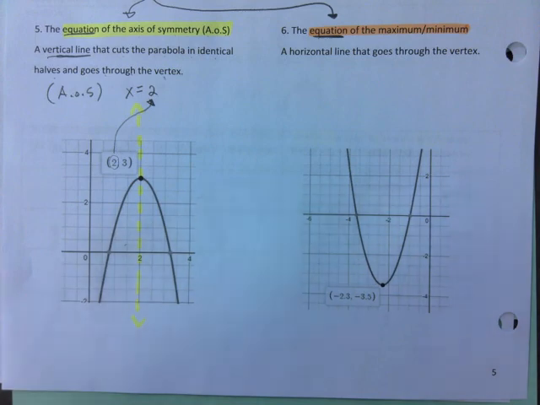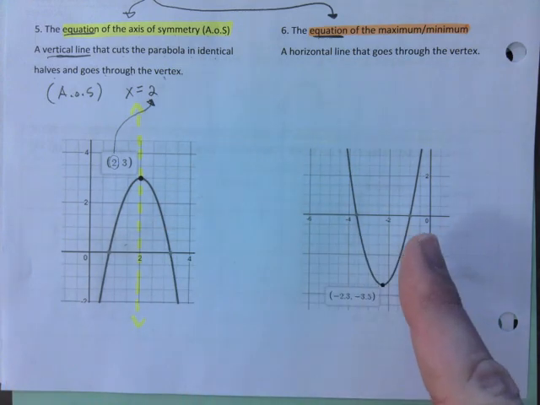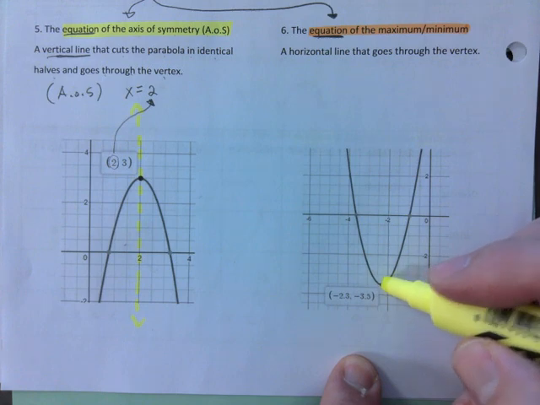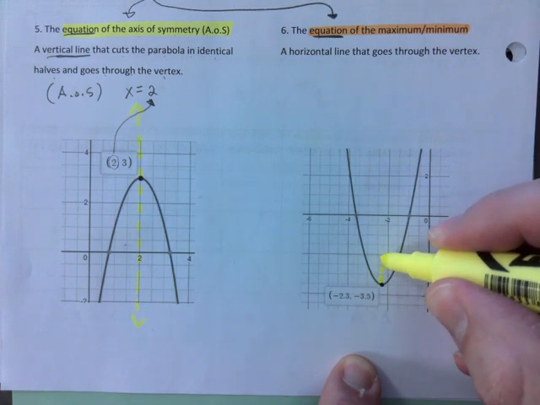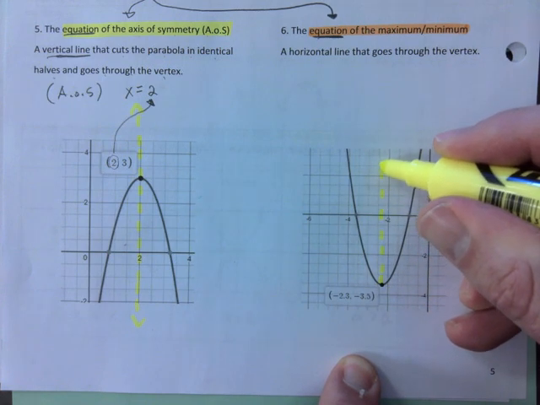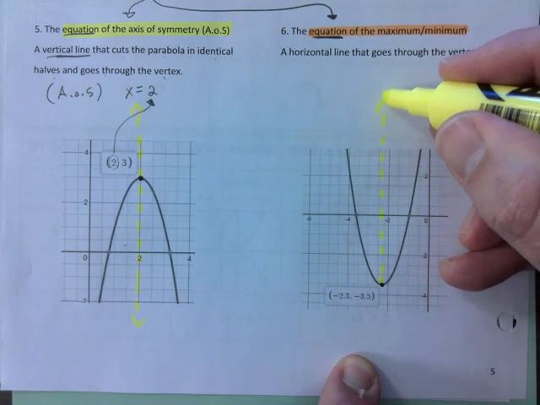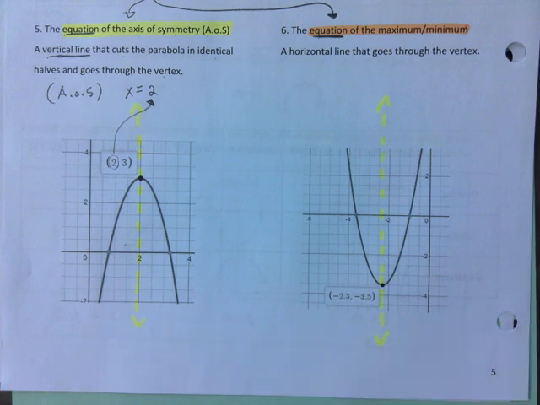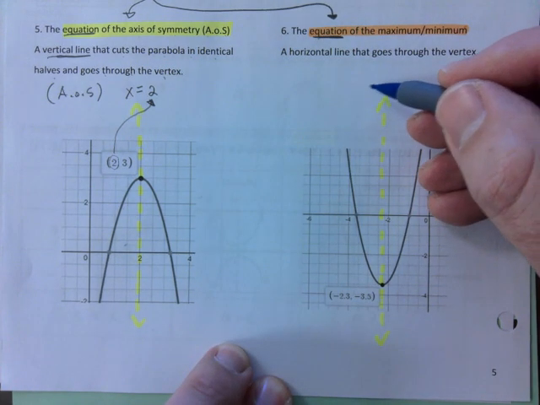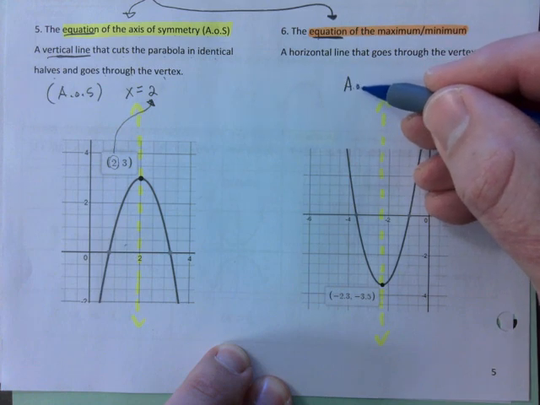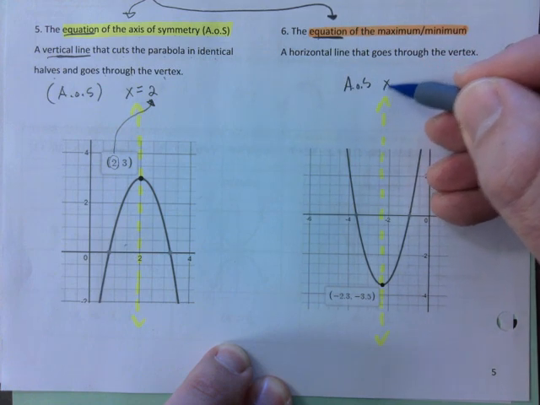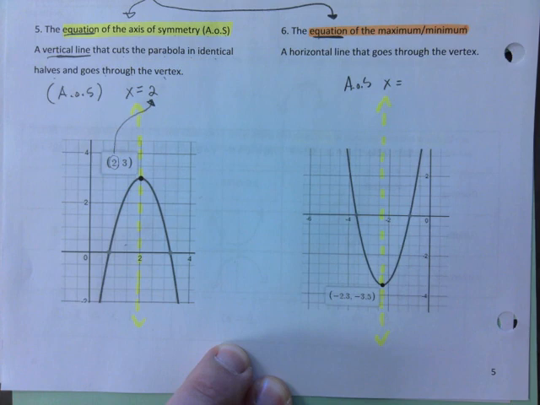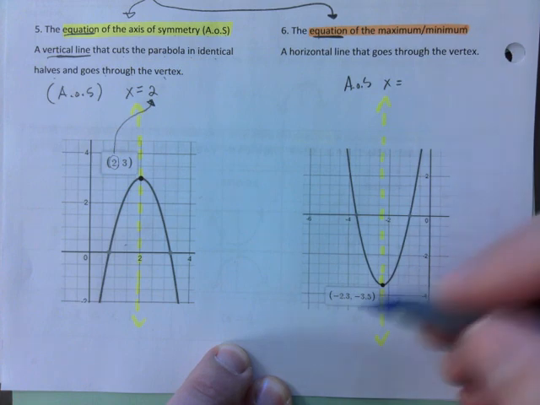Let's go and find the axis of symmetry on this graph over here. Well, the vertex is right there. So we're just going to make a vertical line that goes up and down like this, cuts right through the vertex. In this case, the axis of symmetry would be x equals negative 2.3, right?